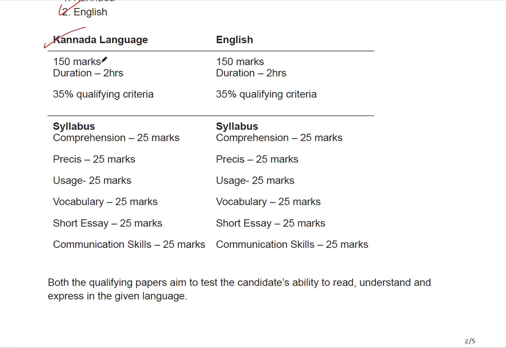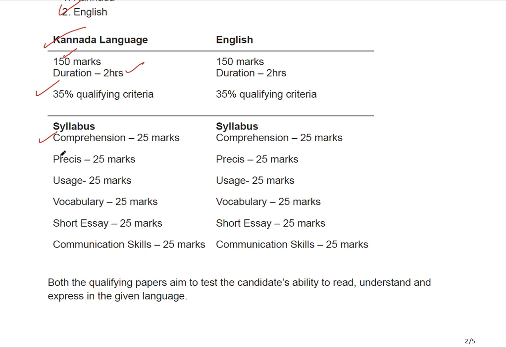So see, the Kannada language paper is for 150 marks. Duration is 2 hours, with 35% qualifying criteria. That means any person taking this exam has to get 35% qualifying marks to clear this paper successfully. Then what will be the syllabus for this paper in Kannada?